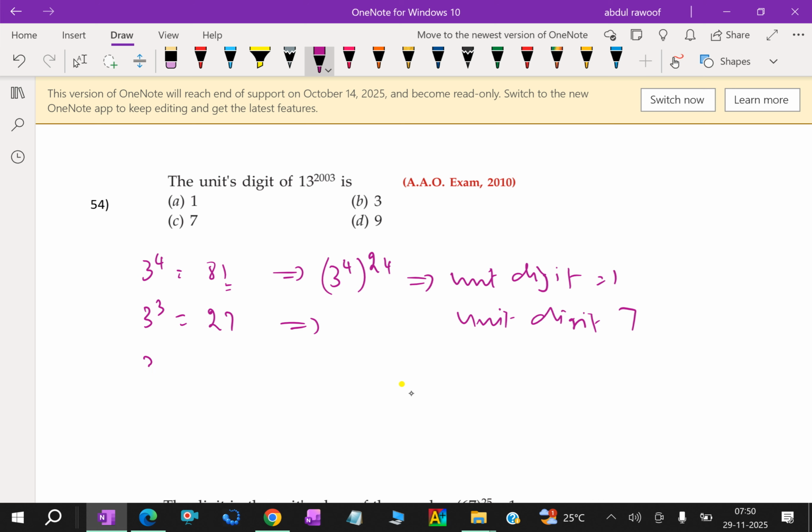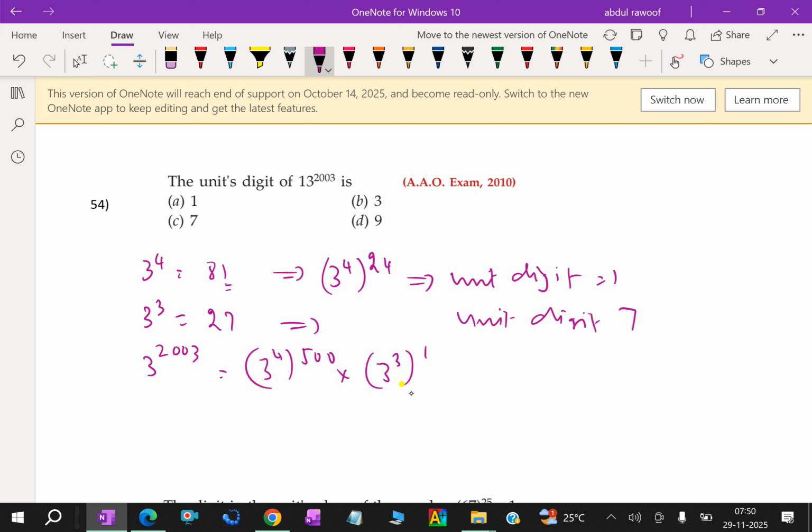Therefore, 3 power 2003 can be written as 3 power 4 into 500 and 3 power 3.